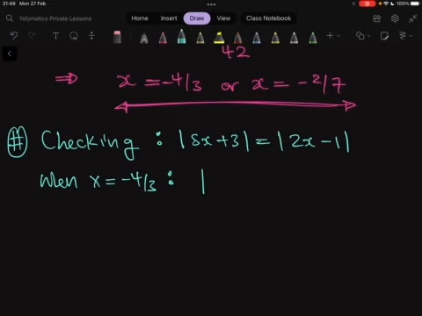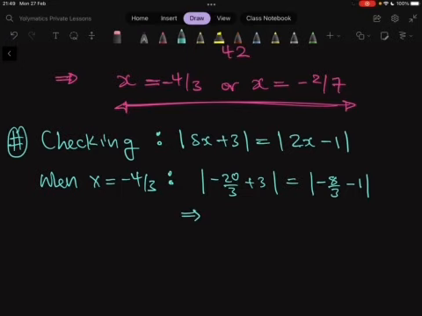Since you are putting negative, you will get negative 20/3 plus 3 is equal to the absolute value of, putting negative 4/3 anyway, negative 8/3 minus 1. And this implies what?